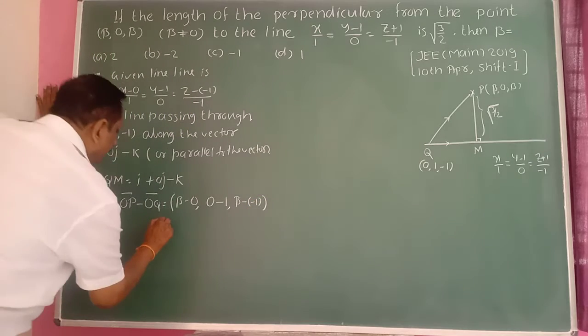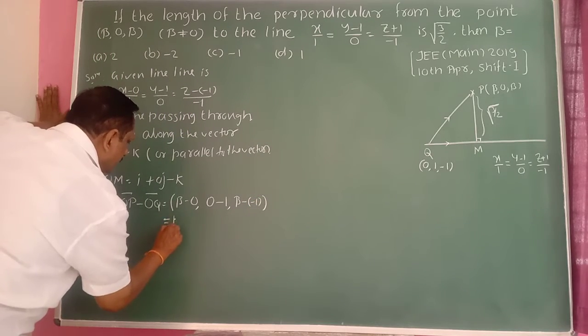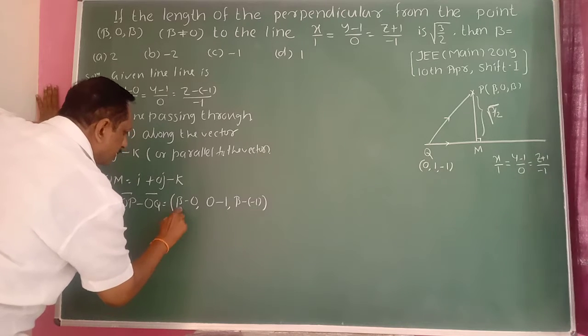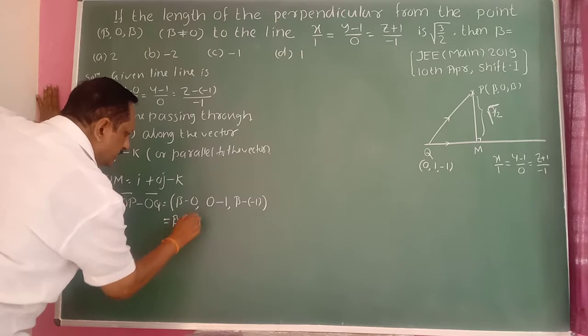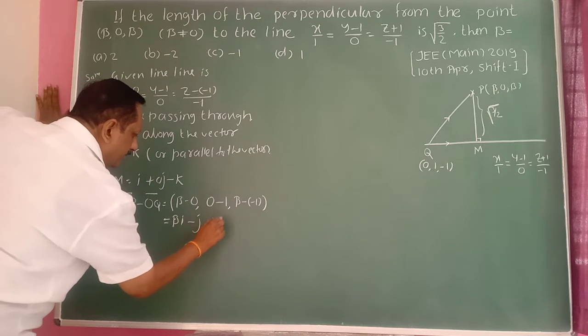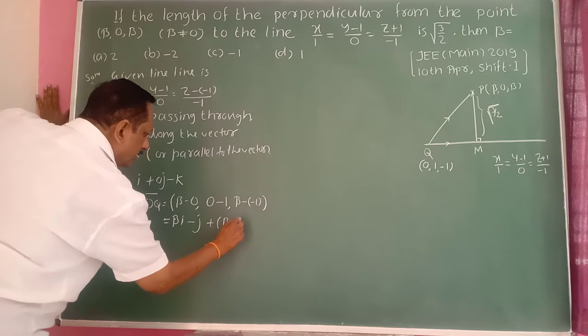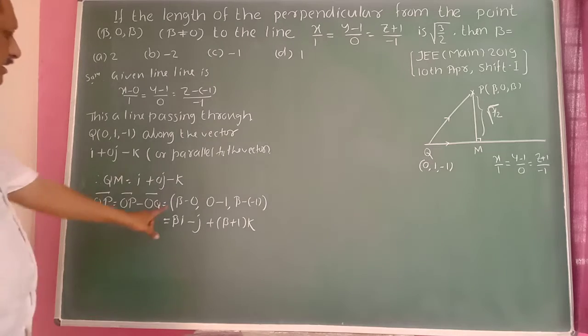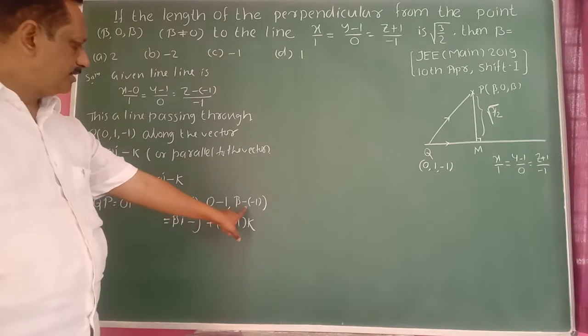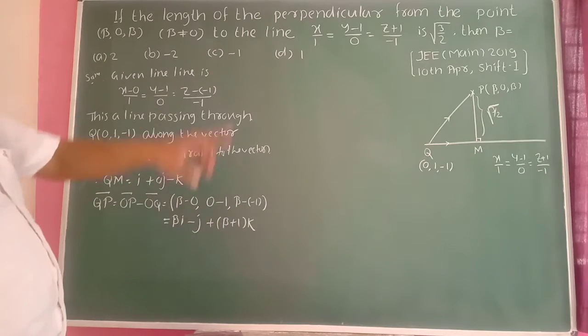So that is βi, then −j, plus (β + 1)k. This is the vector QP.